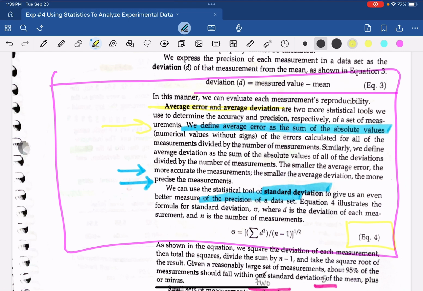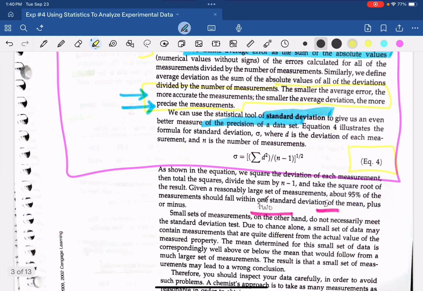Similarly, we define the average deviation as the sum of the absolute values of the deviations divided by the number. This last sentence right here: the smaller the average error, the more accurate the measurements; the smaller the average deviation, the more precise the measurements. That's a really, really critical piece of information.